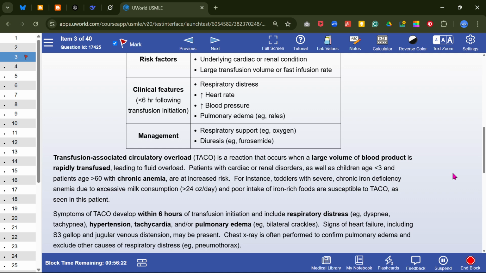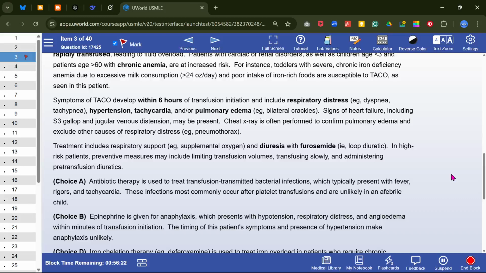Chest X-ray is often performed to confirm the pulmonary edema and exclude other causes of respiratory distress such as pneumothorax. Treatment includes respiratory support, supplemental oxygen, and diuresis with furosemide, a loop diuretic. In high-risk patients, preventive measures may include limiting transfusion volume, transfusing slowly, and administering pre-transfusion diuretics.